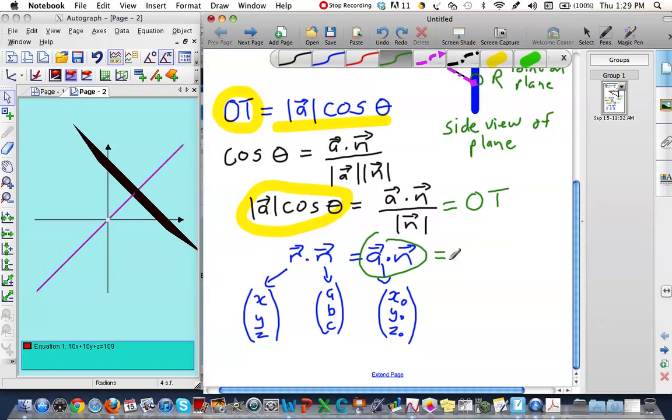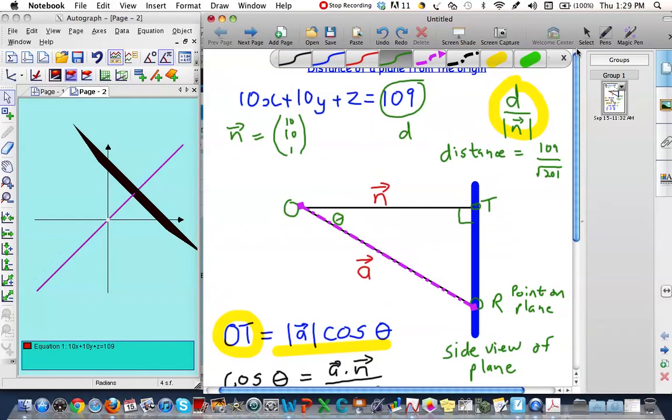We also should recall that a dot n is where we obtain the scalar value d, and again, as we can see from our equation above, our normal is 10, 10, 1.